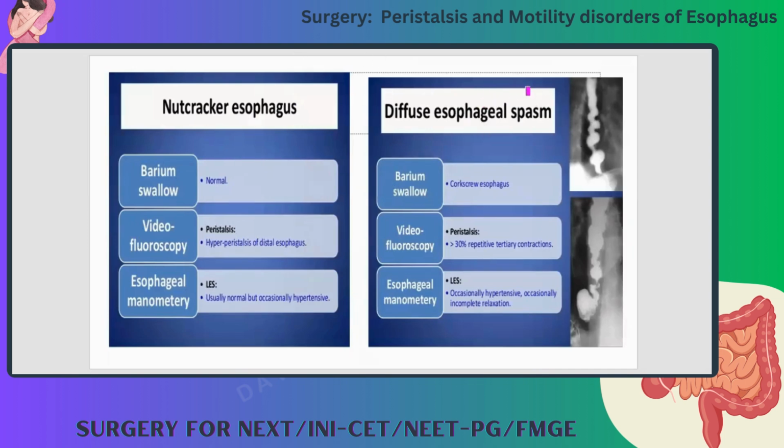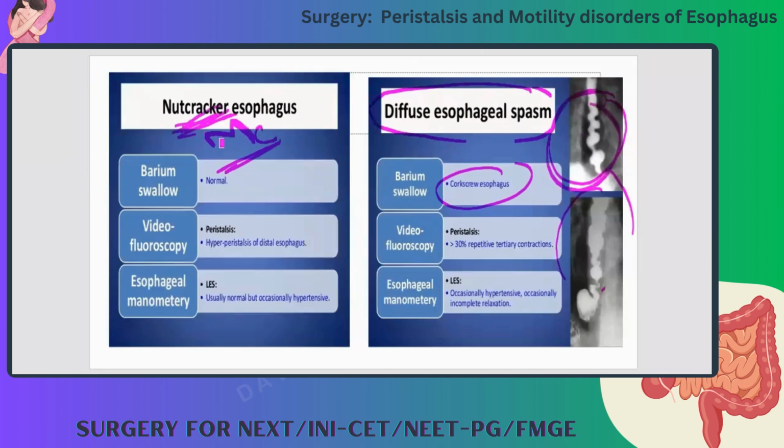See this diffuse esophageal spasm, you have corkscrew esophagus on the barium. And nutcracker is the most common hypermotility disorder. Just remember these two images, that's enough.